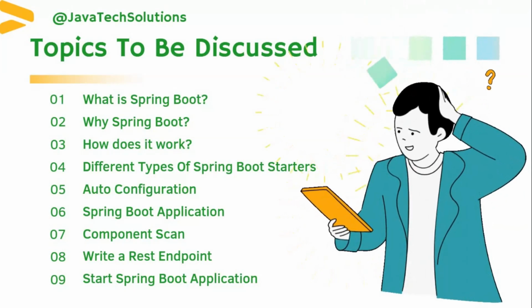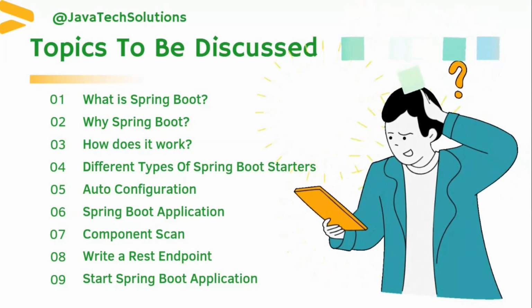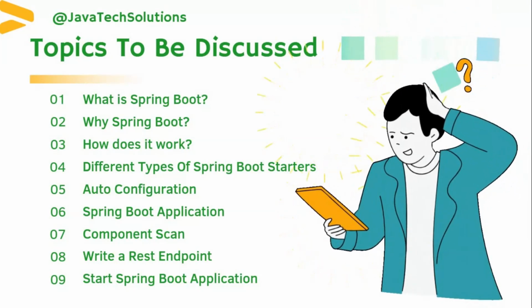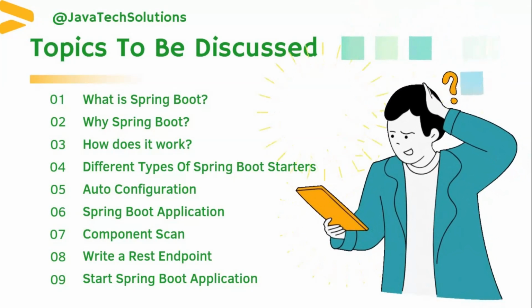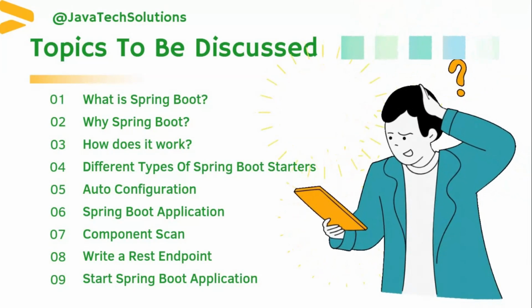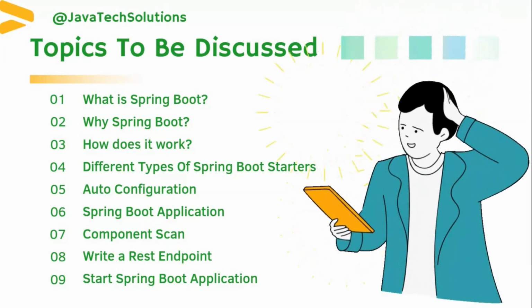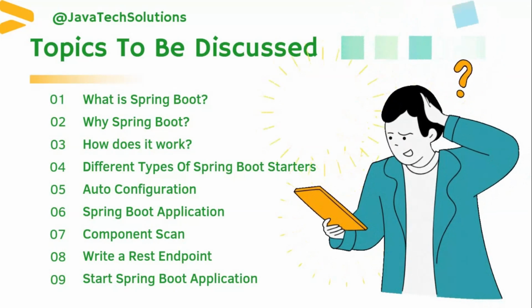Spring Boot automatically configures the application based on the dependencies that we have added to our project. Whatever dependencies we have added to our classpath, it will automatically add all those things to the project. We don't need to do anything. We only need to add one annotation, which is the EnableAutoConfiguration annotation.